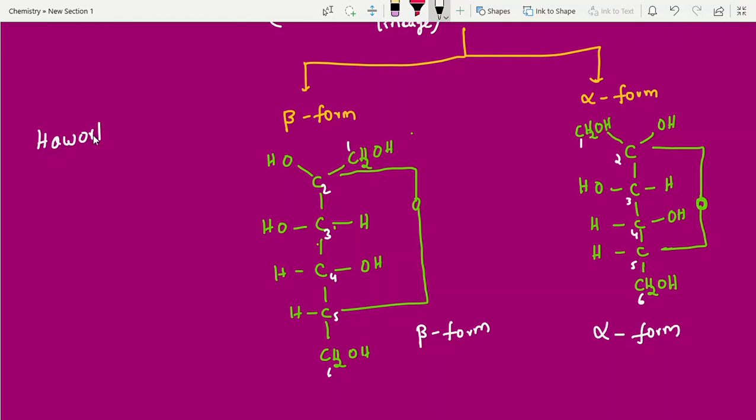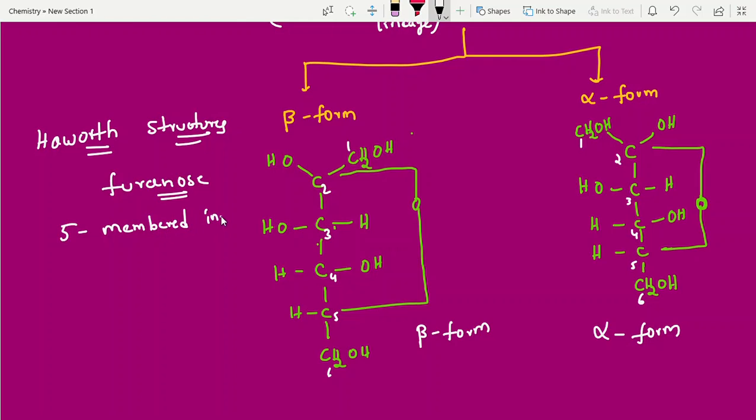Howard structures. Here I am taking furanose. Furanose is nothing but 5-membered. There 6-membered, including oxygen. Here 5-membered, including oxygen. Including oxygen. Can you write here?